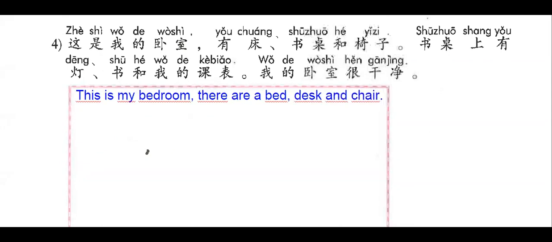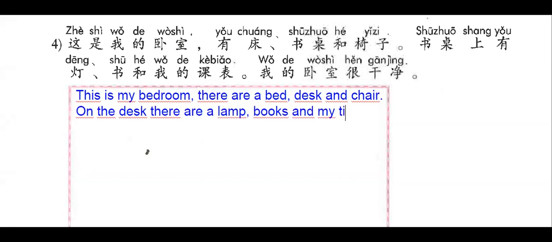Okay. 书桌上有灯、书和我的课表。我的卧室很干净。On the desk, there are a lamp, books, and my timetable. My bedroom, remember that this 卧室 word, the meaning is bedroom. My bedroom is very clean, okay?